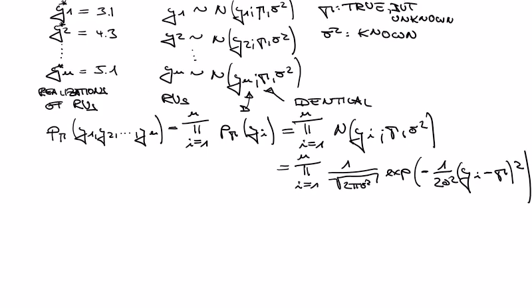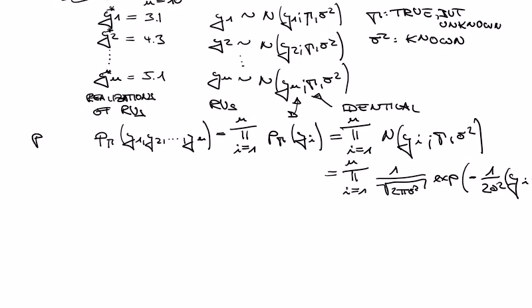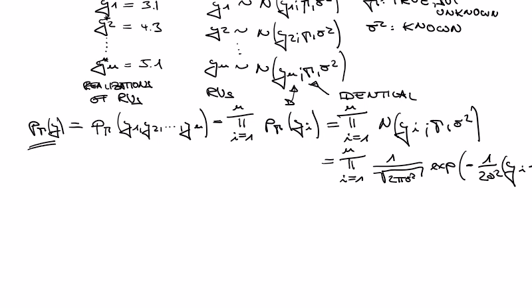So this is actually fairly important. Here we have our p(mu, y). We have now very explicitly written down the definition of our argument of the likelihood function.